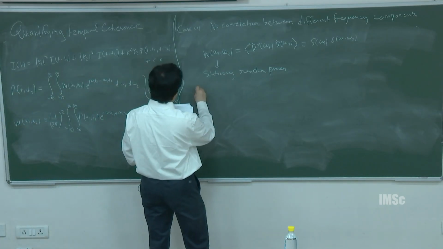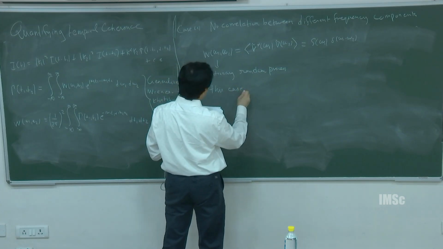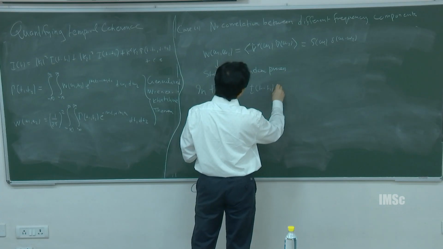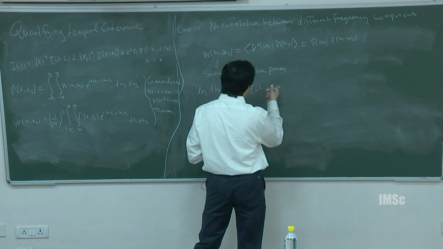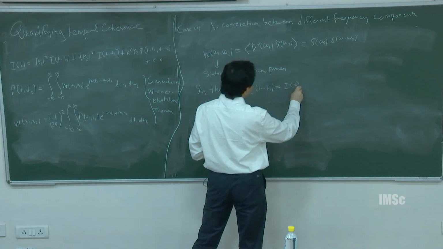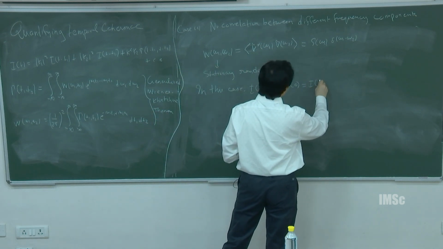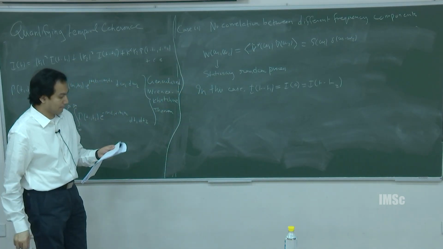So in this case, for a stationary random process, the intensity doesn't depend on time. So whatever be T1 and at whatever time you want to measure, it's just going to be the intensity at time t equals 0, and that's the same thing for I of t minus T2.